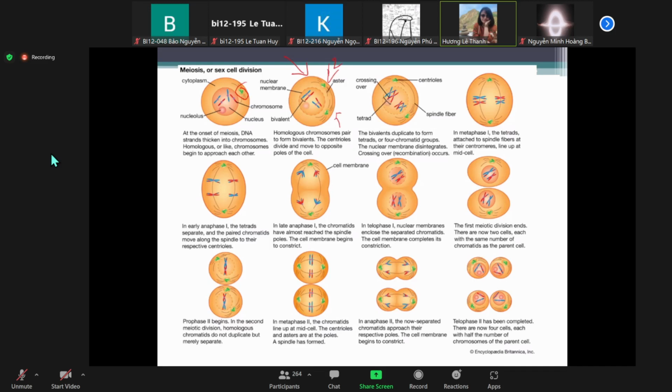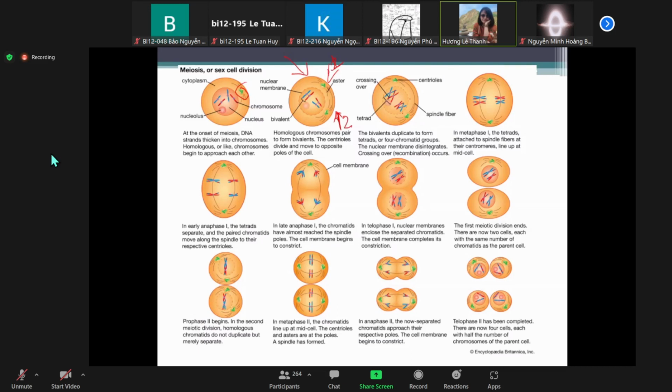This is one centrosome with two centrioles, and they become double here. We have two centrioles in each centrosome, and they move to the opposite poles of the cell.